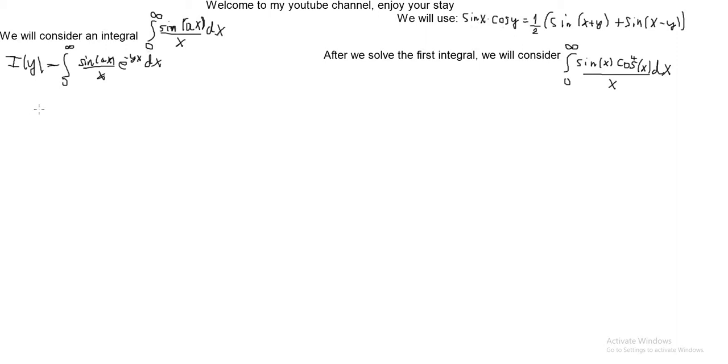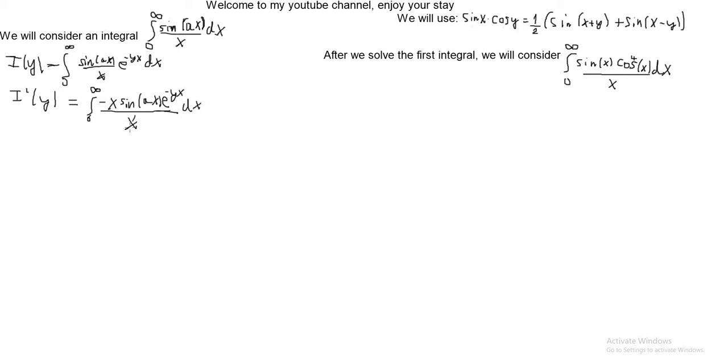We will differentiate this integral with respect to y, and what will we get? We will get an integral from 0 to infinity of minus x sine of ax e to the negative yx divided by x.